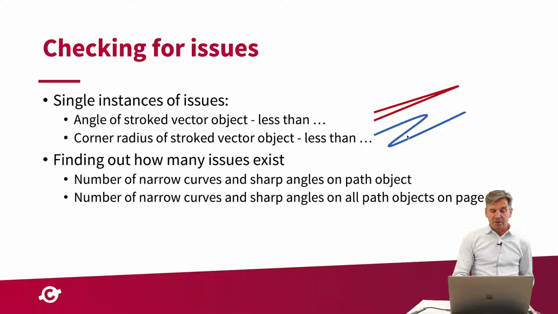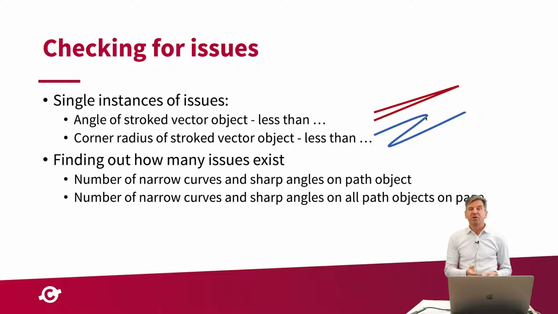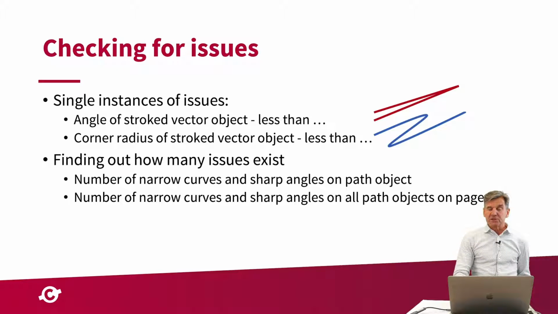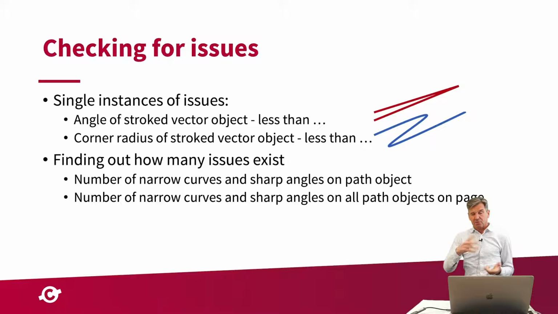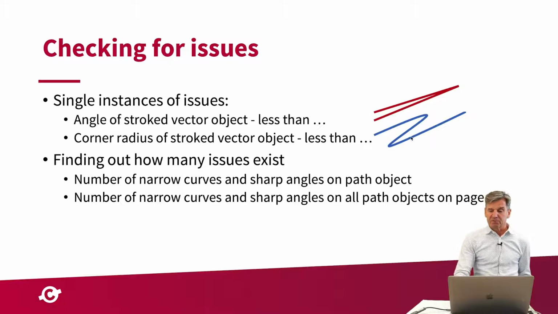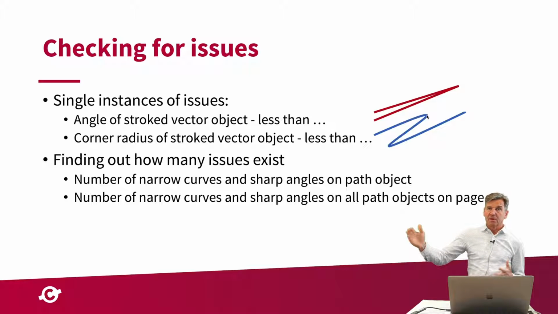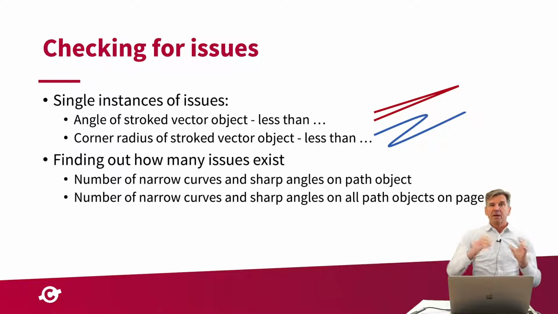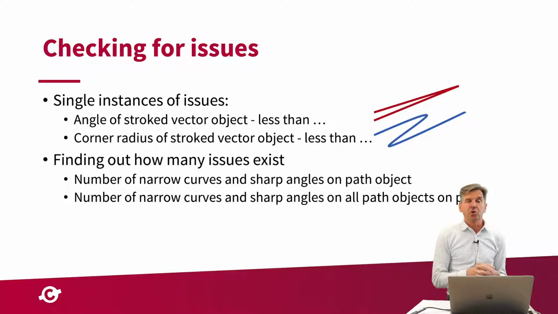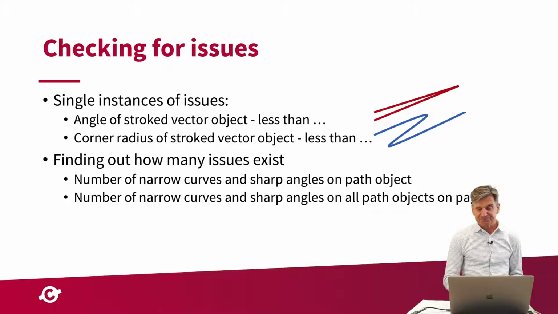And for the corner radius, it's a Bezier curve, so it's really a curve. Each curve at some point has the smallest radius. Of course there is not a constant radius here, so it gets smaller and smaller until it is at the edge point and goes back. This check determines the smallest radius.